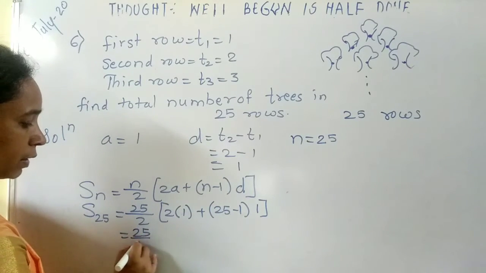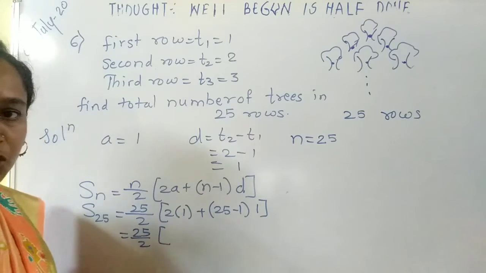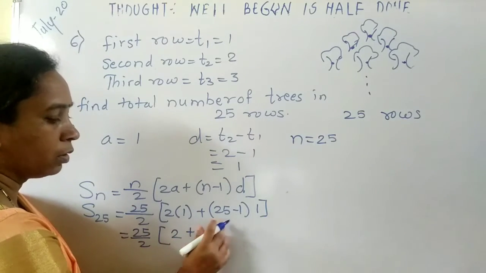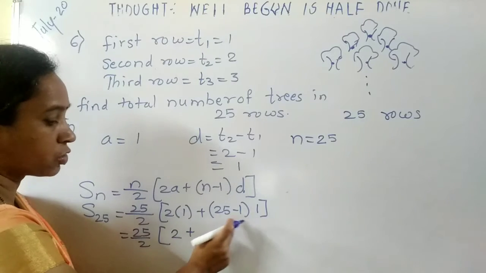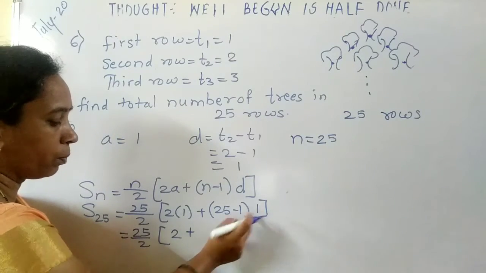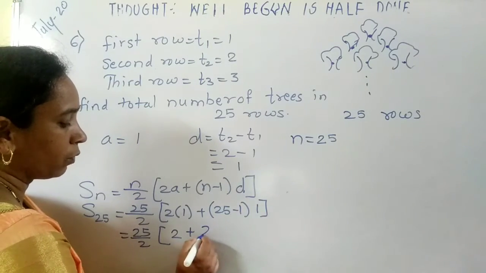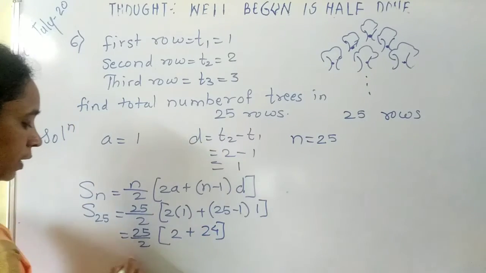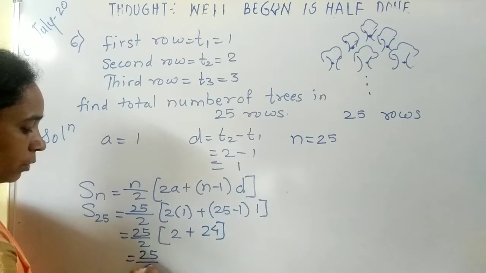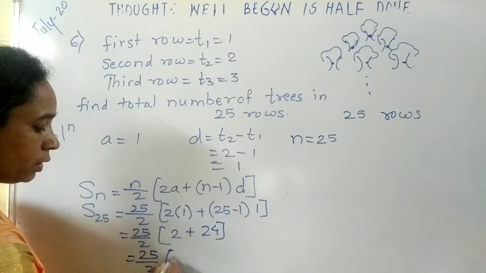First we will solve the bracket. Multiplication, so here we will get 2. Here subtraction and then multiplication. 25 minus 1 is 24, plus 1 means 1s are 24. So here we will get the answer 25 upon 2 into 26.